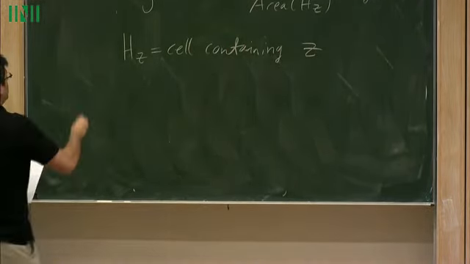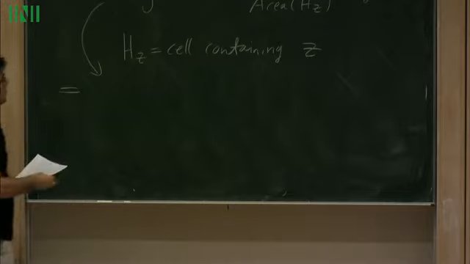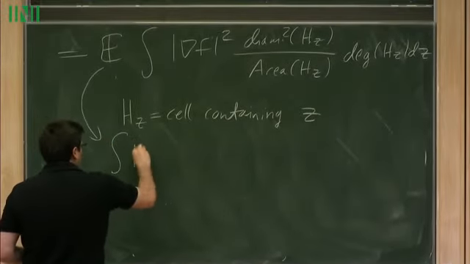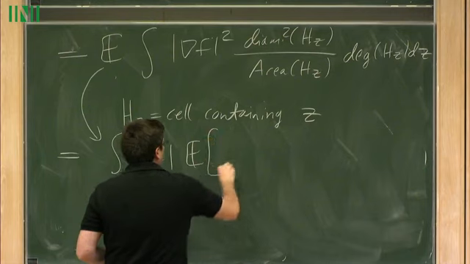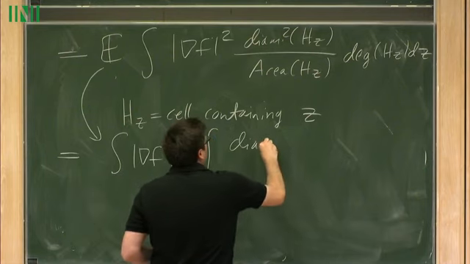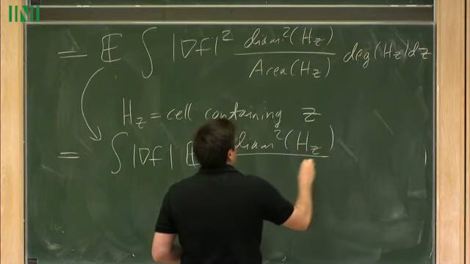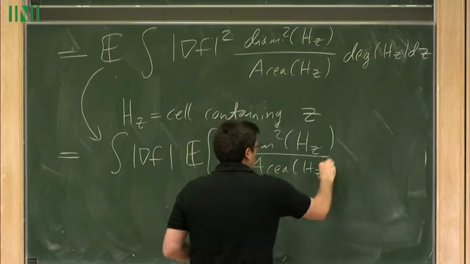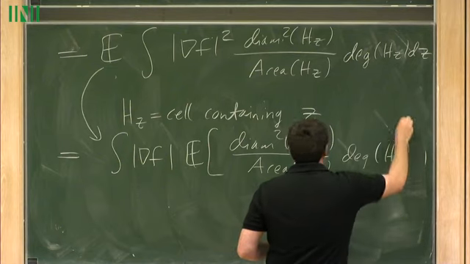And now, if I chose my function to be deterministic, so f is a deterministic harmonic function, then I can switch the order of everything, and you just see the expectation of the ratio of the diameter squared of your cell to the area times the degree.